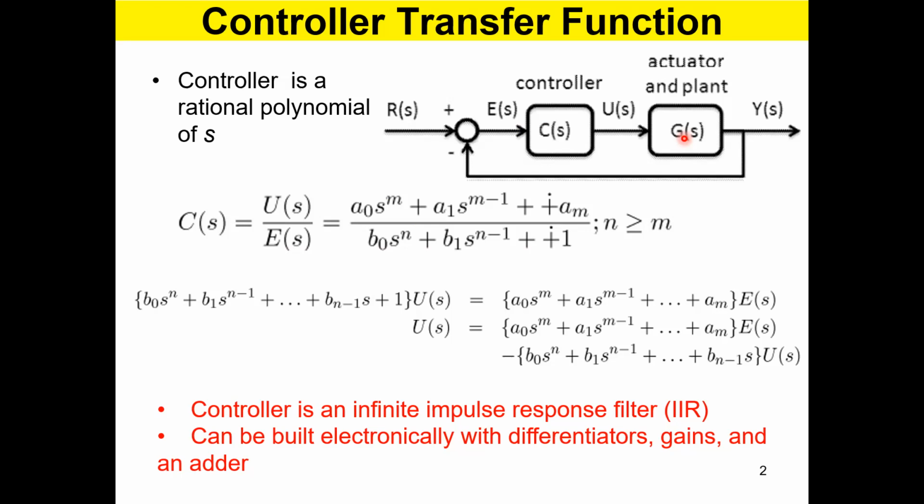The plant is where you have some components in order to produce an output. But the plant is also attached with the actuator. For example, if you look at a boiler, the actuator is the heater. It is part of the plant. So therefore, it is okay to say actuator and plant together.